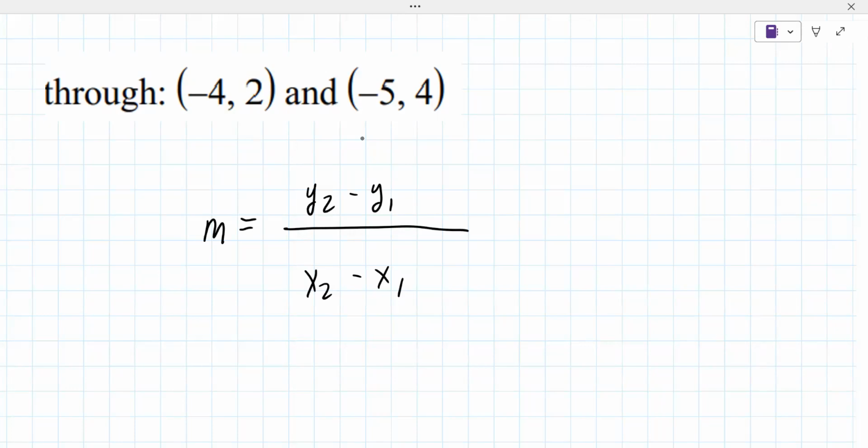There we go. What is the slope? Just give me the final number, please. 2 over -1. That's going to be negative, and that's going to be -2.